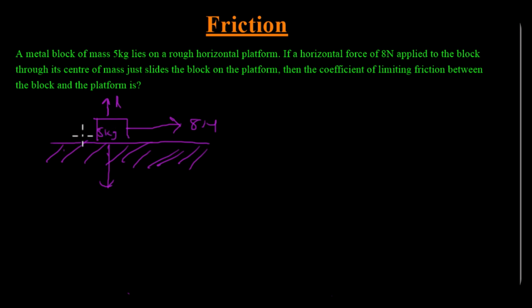So we analyze this under static friction. If that is true, my frictional force Fs is acting in this direction. Then W is equal to mg, which is equal to R. My m is 5 times 10, which must be equal to R, so R is equal to 50.